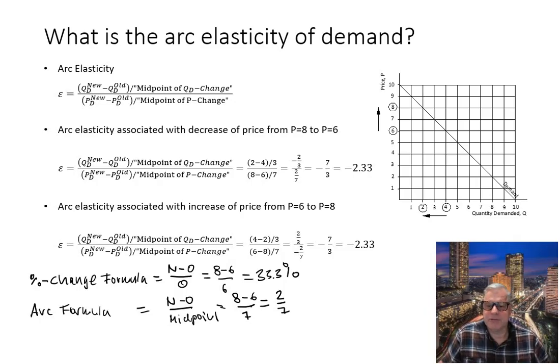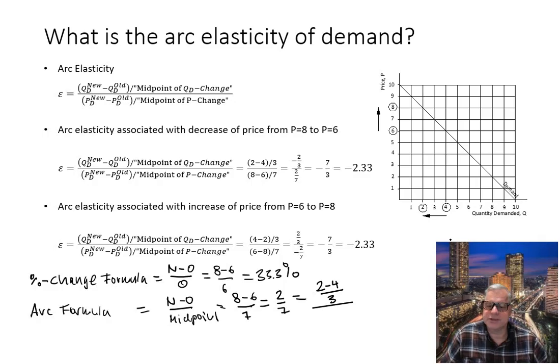If we increase the price from 6 to 8, the relative change in quantity demanded is: the new quantity demanded is 2, the old quantity demanded was 4, divided by the midpoint, 3. Now let's divide that by the relative change in the price.